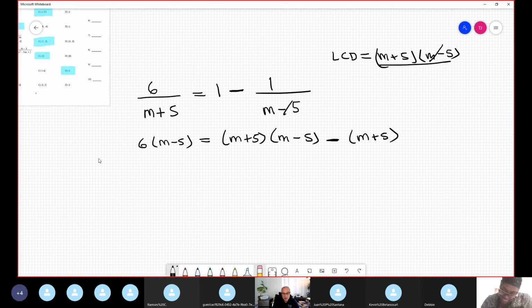Do you see the mistake? You never see the mistake until you erase everything and redo it again. Because instead of keeping the 1, we had to multiply. Absolutely. Let me explain another way. When you multiply m plus 5 times m minus 5, this is cancelled and stays m plus 5 and 6.